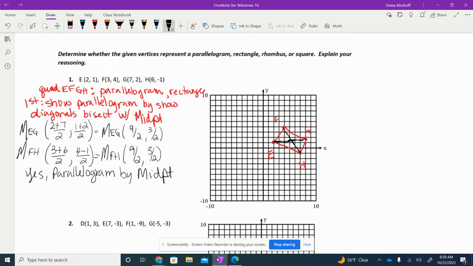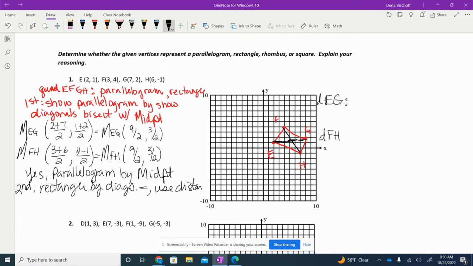So now let's check to see if it's a rectangle. I'm going to try to show that it's a rectangle by saying that the diagonals are equal, and I'm going to use distance. So I need to find the distance of EG and the distance of FH.